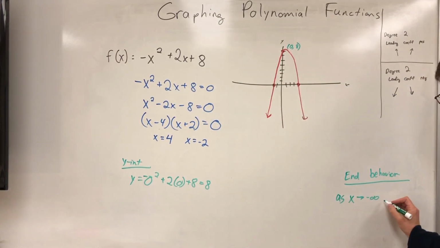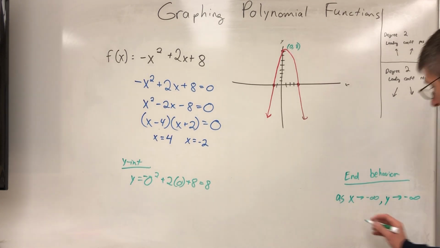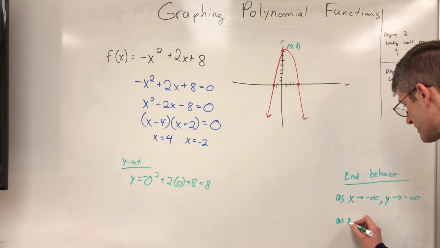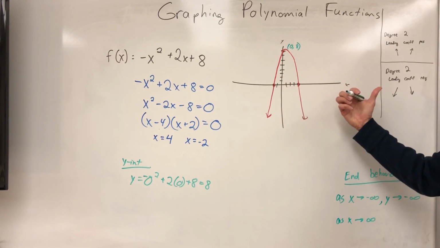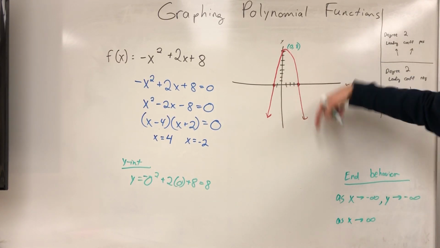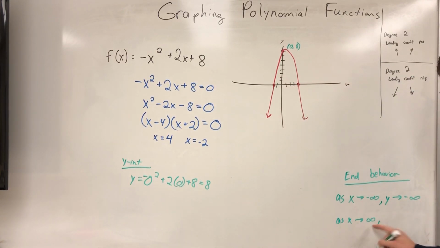So as x approaches negative infinity, y approaches negative infinity. And then as x goes to the right, what happens to my graph? It goes down. So as x approaches infinity, y approaches negative infinity. Okay, well, that was easy.